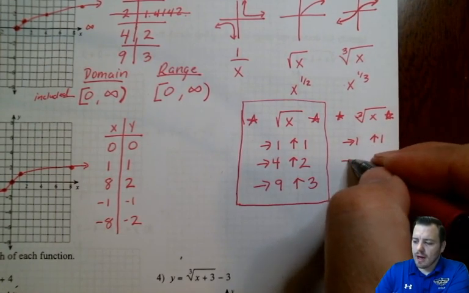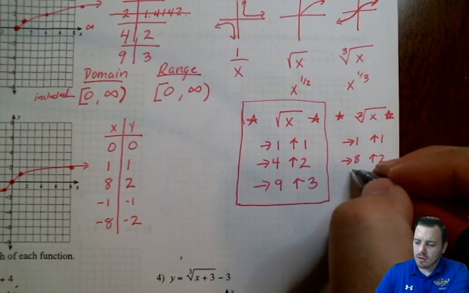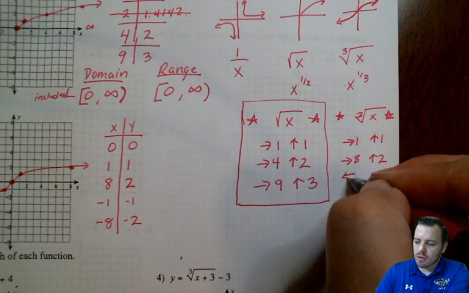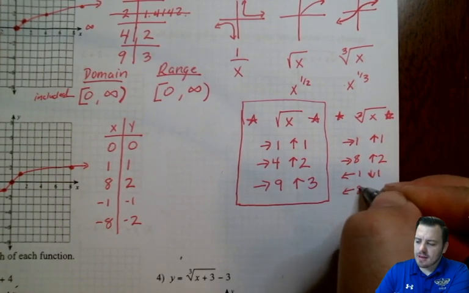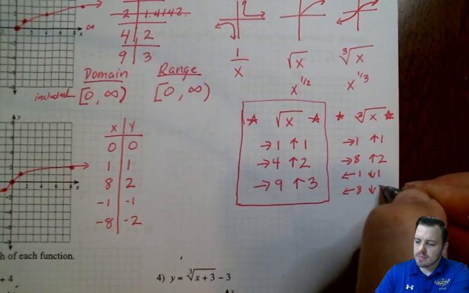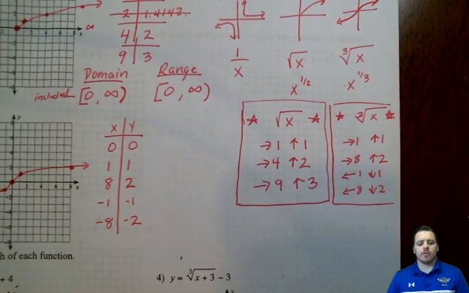But then we go right 8, it's opposite, and then up 2. And then we also go left 1 and down 1, and left 8 and down 2. So that will be our pattern for cube root of x.